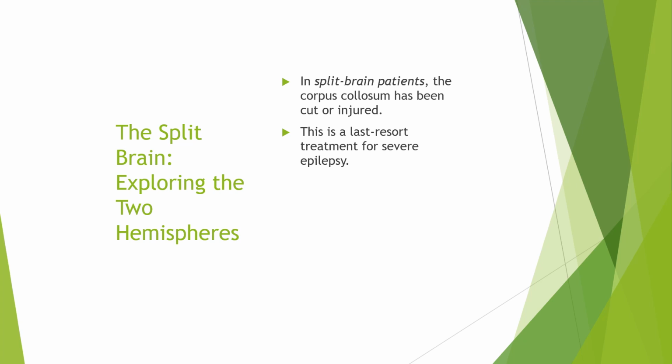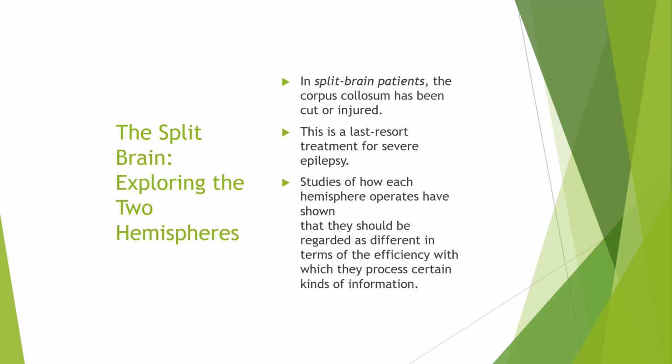The studies that were done on these split brain patients, the studies of how each hemisphere operates, showed that the two hemispheres should be regarded as different in terms of the efficiency with which they process certain kinds of information.